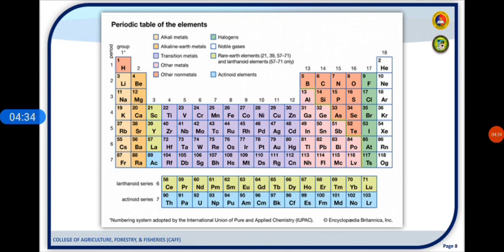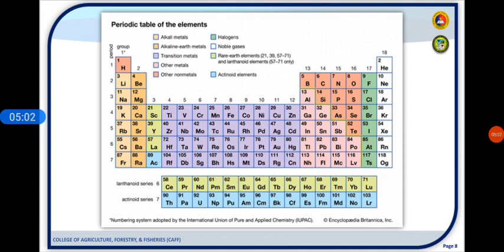We have 23, 24, 25, 26, 27, 28, 29, 30, down to 40 to 48, 72 rather, to 80, and 104 to 112. And we have titanium, vanadium, chromium, manganese, iron, Fe, iron is Fe, Co, cobalt, nickel, copper, and zinc, and so on and so forth.